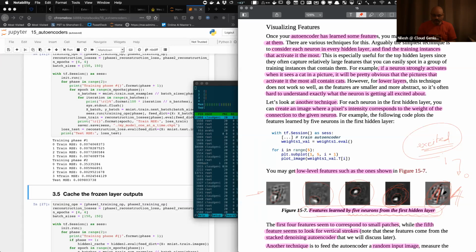I can reuse that learning in any other system because I don't have to retrain my systems all the way from scratch. That's why feature detection is important.